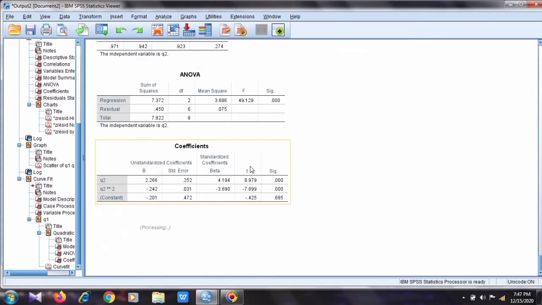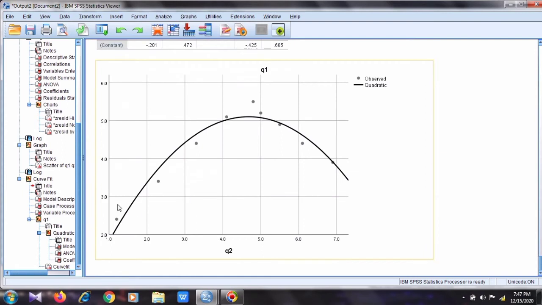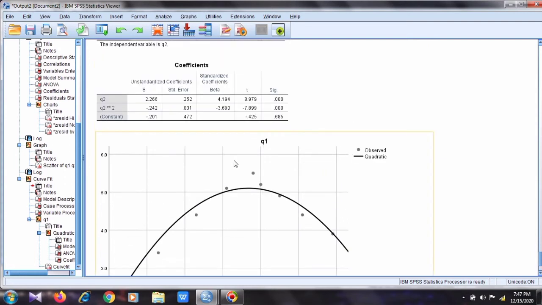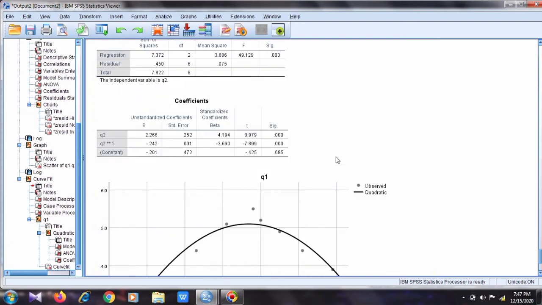So here my quadratic curve has fitted clearly. You can see that it has fitted clearly. Again you look at the unstandardized coefficients, 2.266 for q2, and this is your next quadratic term. As I said, y is equal to a plus b x plus c x square is your quadratic equation. So c will be this one, this is your constant, and you can check the significant values also.